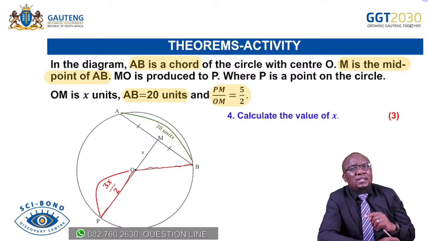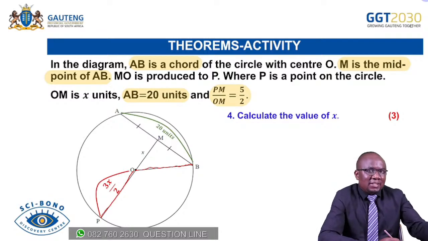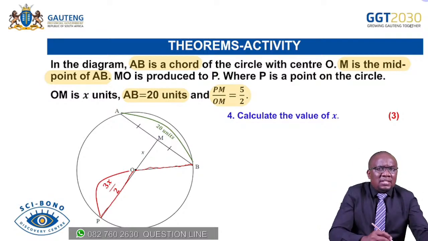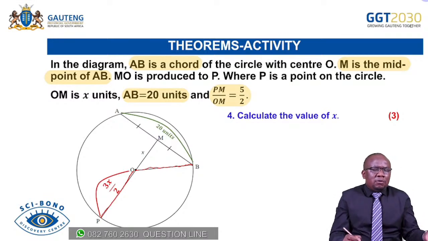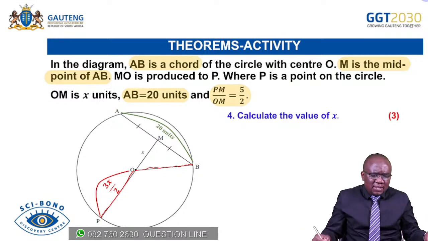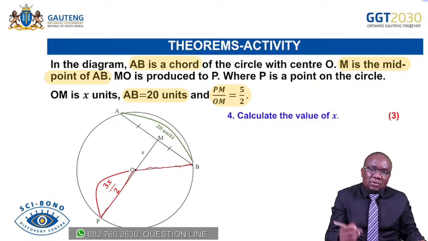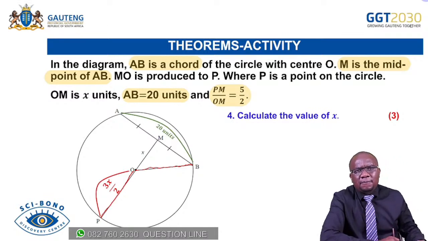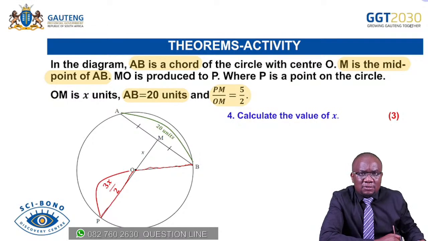Remember that we're told to prove that OP is 3x over 2. Some people do that in the exam. You are given what OP is, and then you fail to prove it, then you leave the whole question. But instead, you can use that. We're given that OP is 3x over 2. Put it here and get question 4. Get it right. Please don't lose marks unnecessarily.